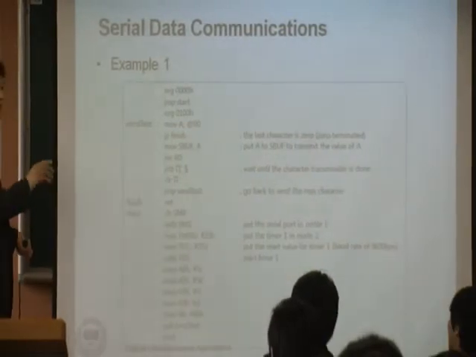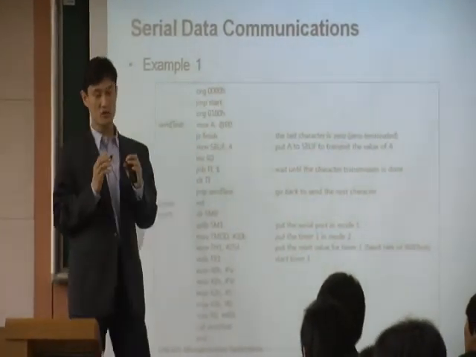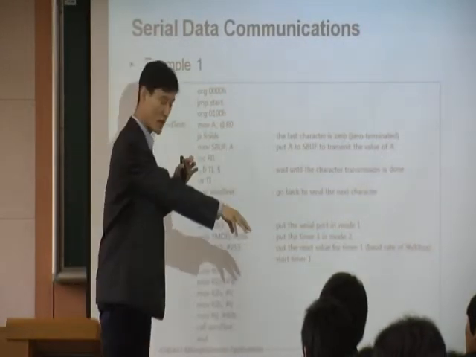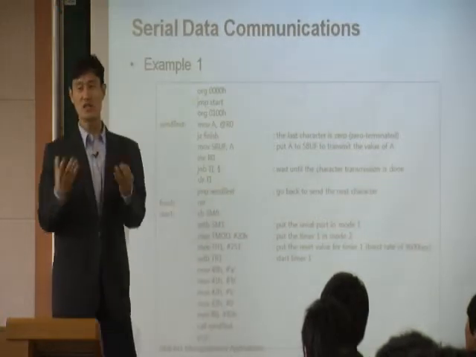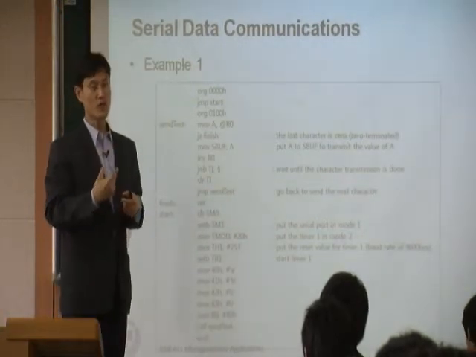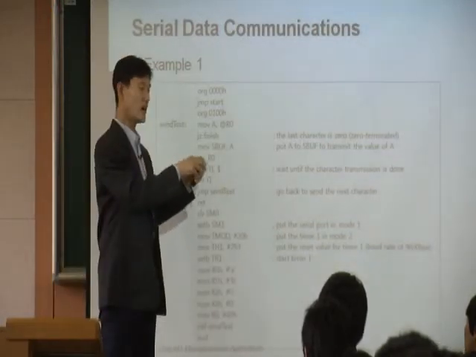However, one problem in this case is that the transmit side is OK, because whenever you transmit a byte, you can just write it and watch until the TI becomes 1. However, in the receive side, how do you know when you receive? In order to receive a letter, you need to watch the RI.